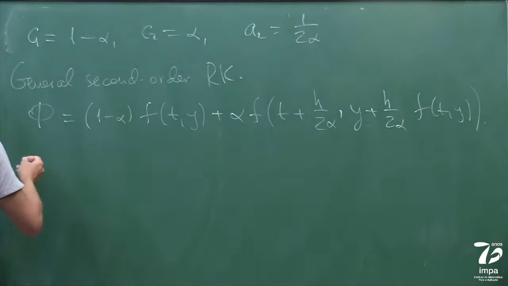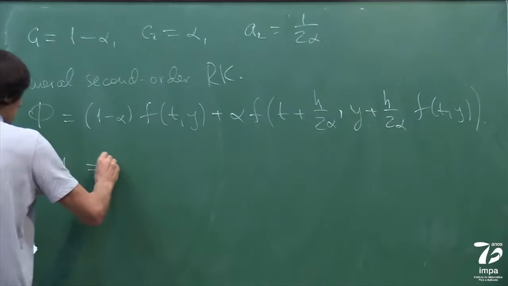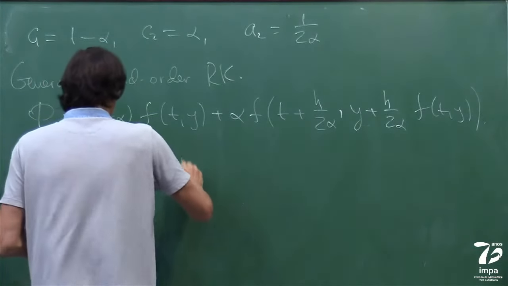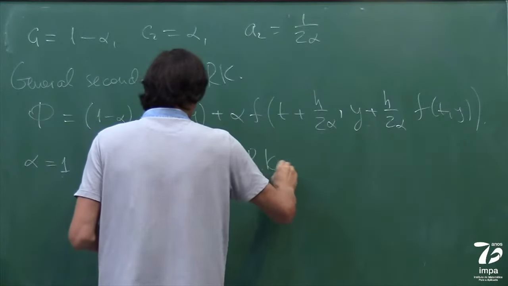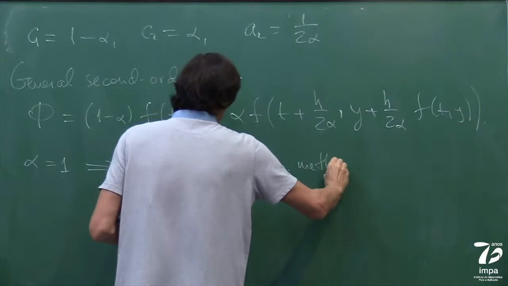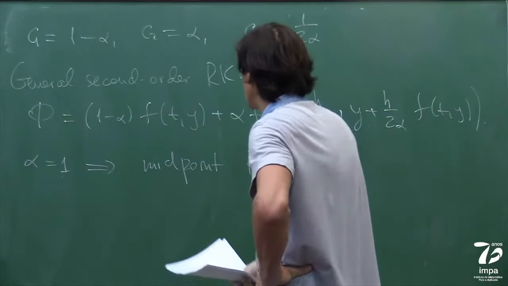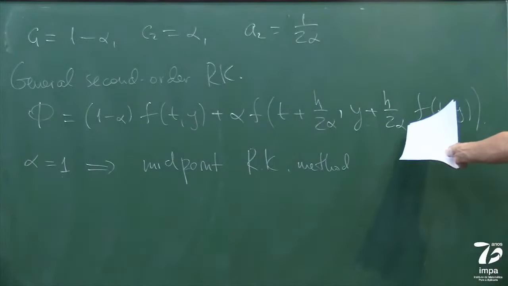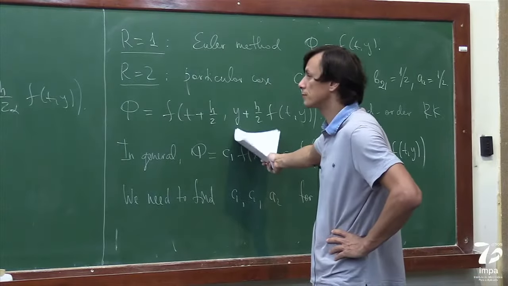So alpha equal 1 gives you the same as what we did, this midpoint Runge-Kutta. So alpha equal 1 means that the first term cancels, so we have only the second term, and it's just 1/2, 1/2. So we just directly get this expression.